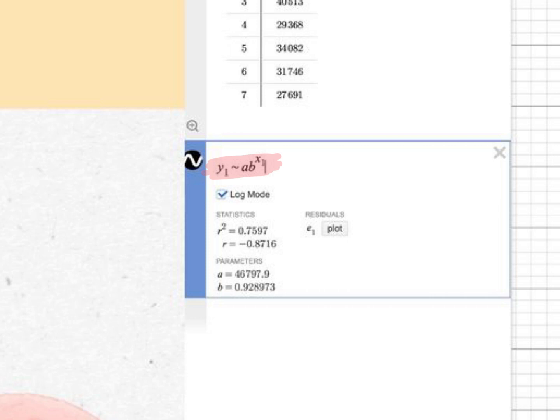Now, the only other thing I want you to do on your Desmos, so you can get the exact numbers, is click that box that says log mode. Go ahead and click that box. And then you'll see that your parameters have popped up.